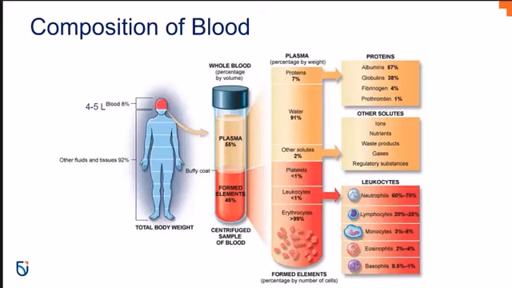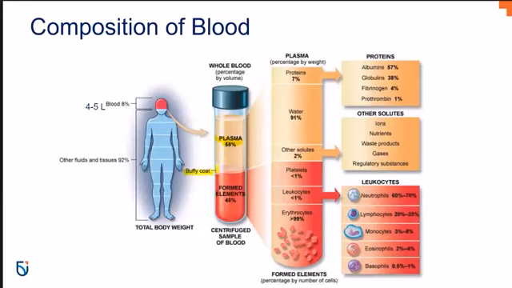Blood is far more complex than it is simple because it consists of not only a fluid, but also cells and cell fragments. If we look closely, this is whole blood. Everything here is whole blood, but we can separate our whole blood into its different densities, again, using a centrifuge unit, where we see that plasma makes up about 55% of whole blood, and it resides at the top.